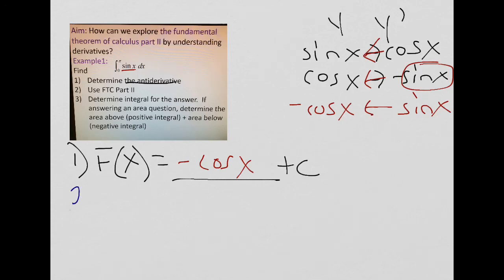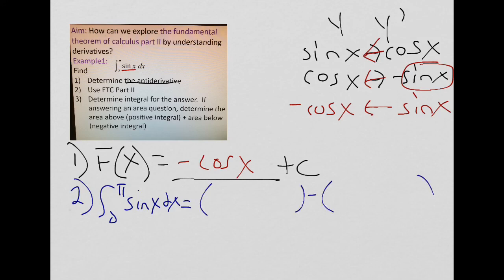So, the hard part is over. Number 2 says use FTC part 2. Now that we have our antiderivative, we're going to apply it. So it's two things that are being subtracted. Negative cosine of pi, our upper limit of integration, and negative cosine of 0.